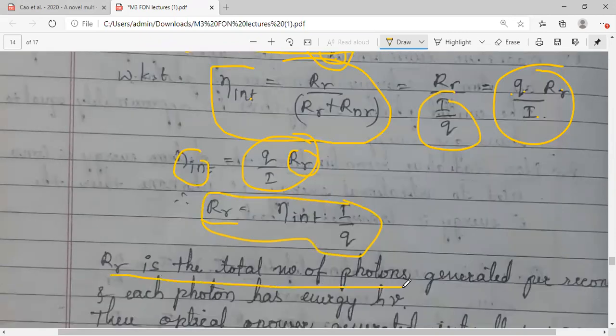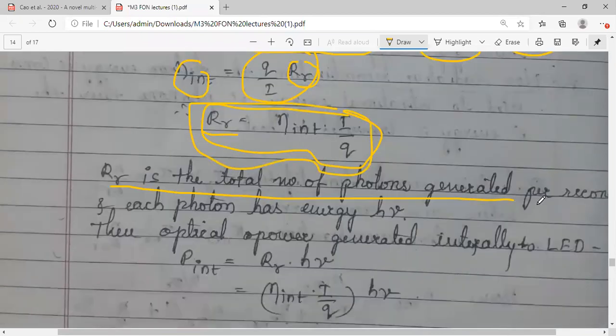RR is the total number of photons generated. So what will you get from this? How much light is getting emitted? How many photons are generated? Suppose n photons are generated, that is 10, assume, and each having the energy E, so what will be the total energy? 10 times E, right?